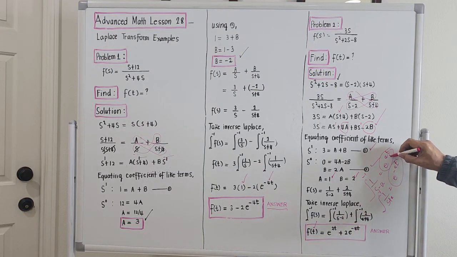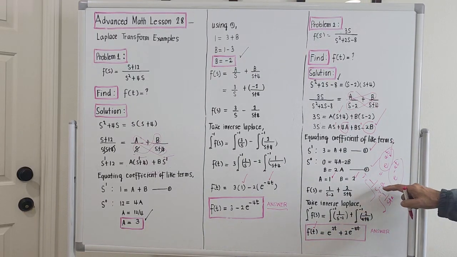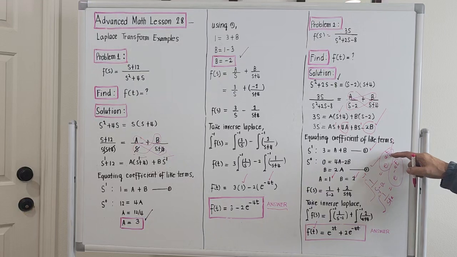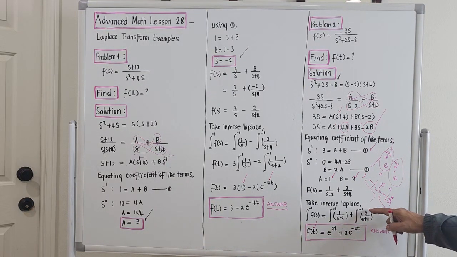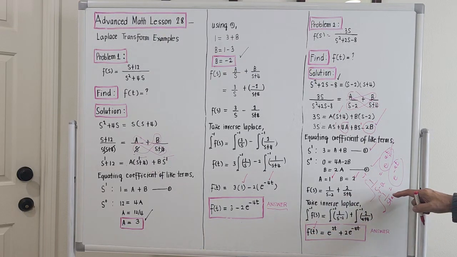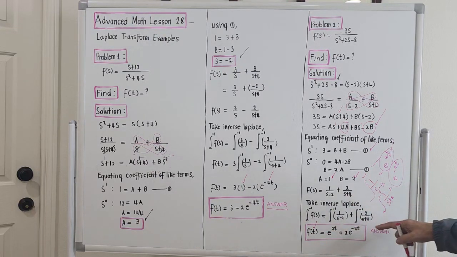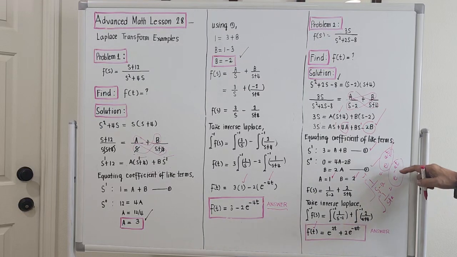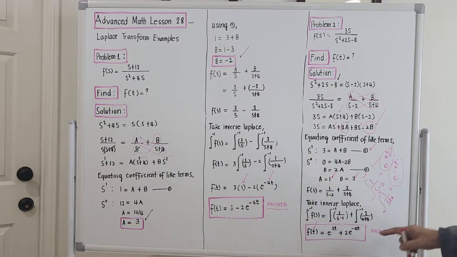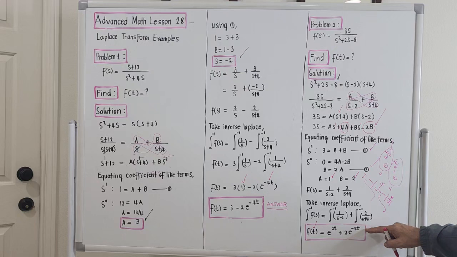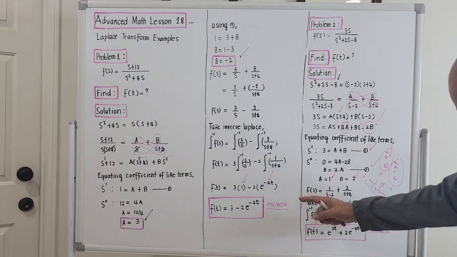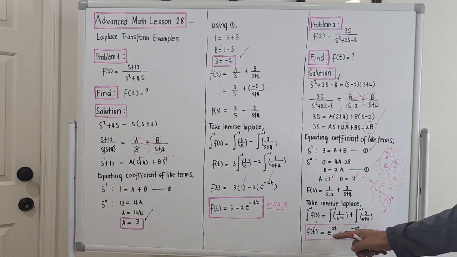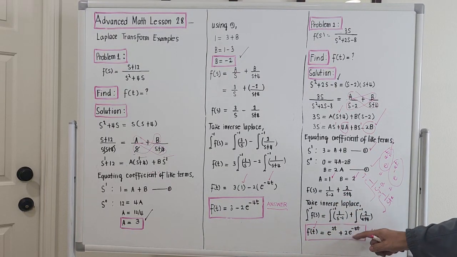This is minus, so the exponent is plus: e raised to 2t. Plus, we bring out 2, and the inverse Laplace of 1 over (s plus 4) is, since this is plus, the sign of the exponent is minus. So this will be 2e raised to minus 4t. So our final answer, f(t), is e raised to 2t plus 2e raised to minus 4t. That's our final answer.